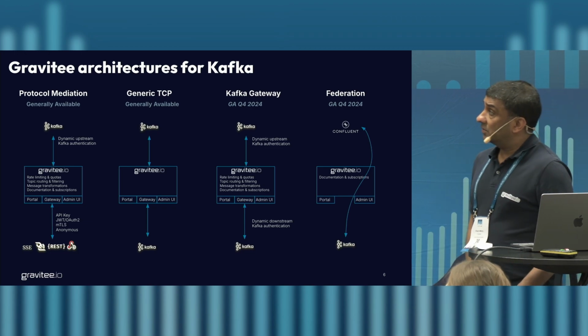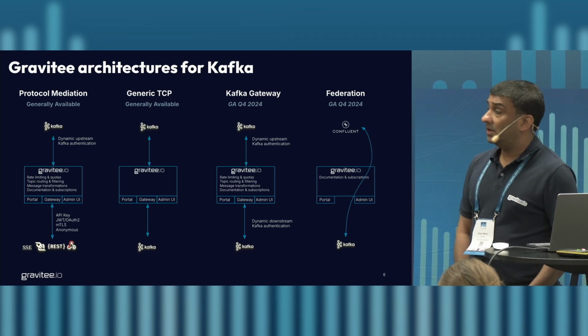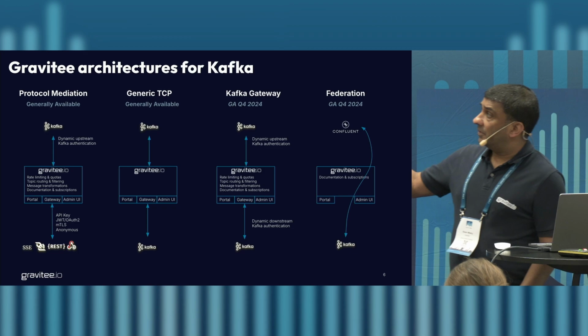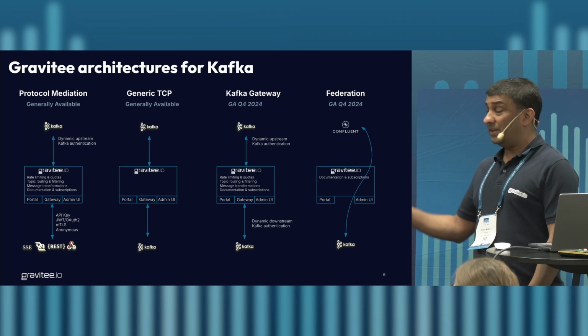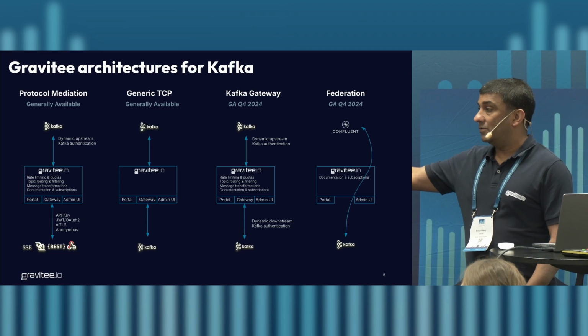Okay, so what we found is that we've got these different architectures for Kafka. The first one is protocol mediation. Sounds really fancy, but essentially you've got a backend, whether it's async or sync, and you just want to talk to it using a REST API. You basically want to hide the complexity of that event source at the back end and just talk to it via an API.